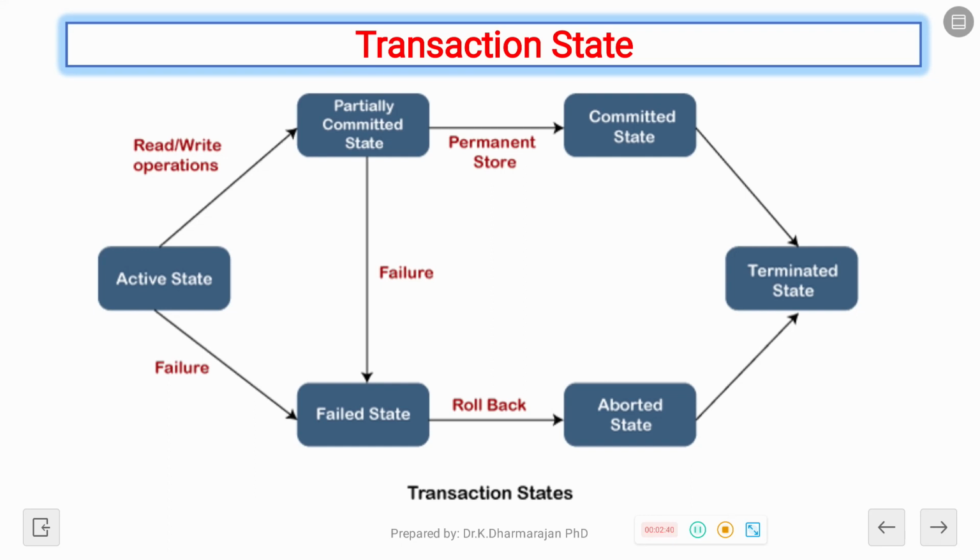At that point the transaction will fail. How do we handle it? For a failed transaction, it automatically goes for rollback. Rollback means going to the previous state. The transaction is terminated and goes back to the previous state. This is also called a transaction state.